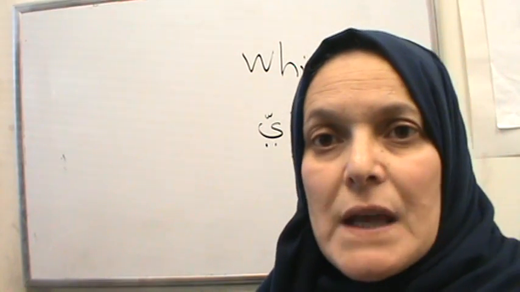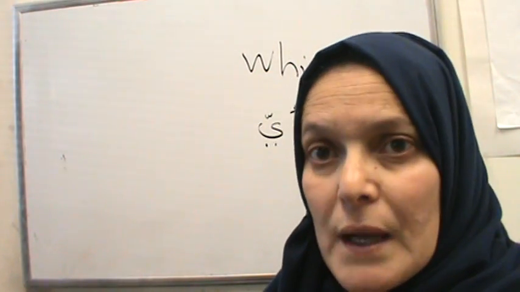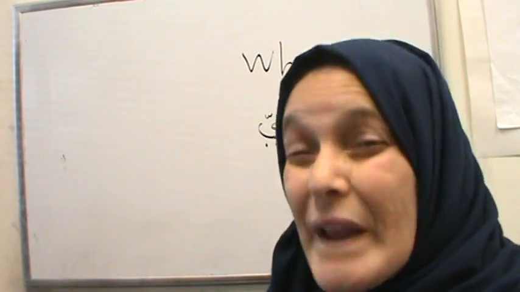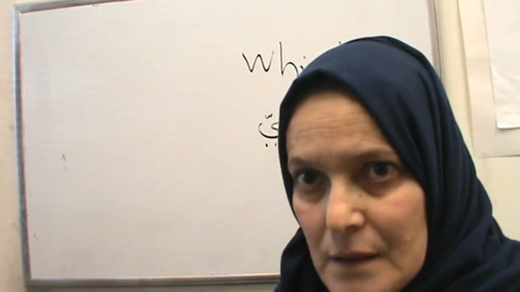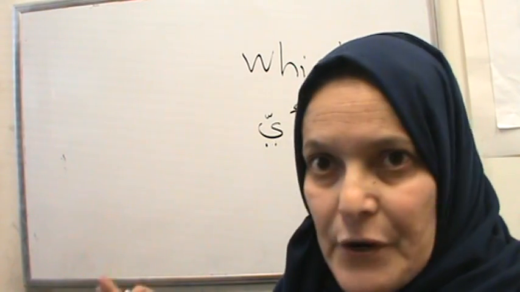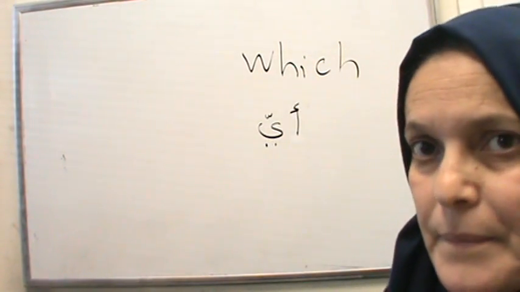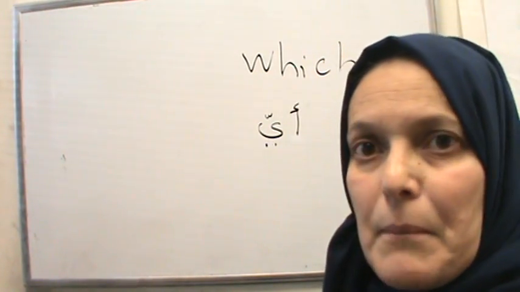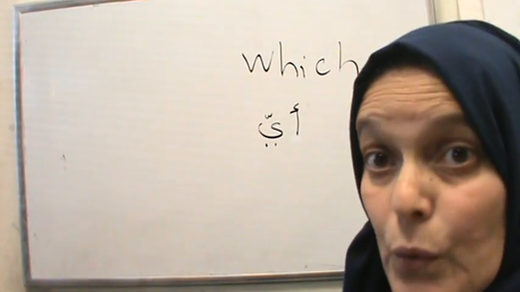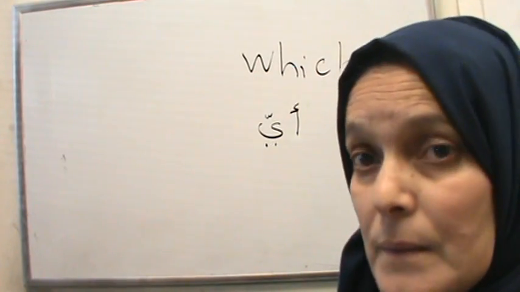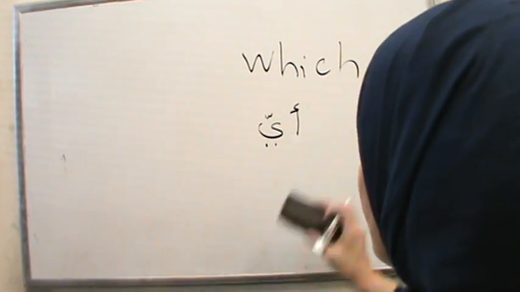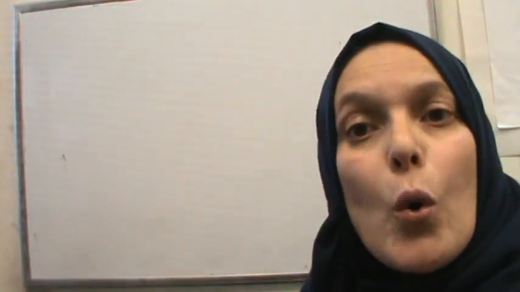In English we would say what school do you go to, but in Arabic we would go which. We always think with which, not what, because we think what is different and it doesn't give us the answer we want. If we want to go what school? No, which school.